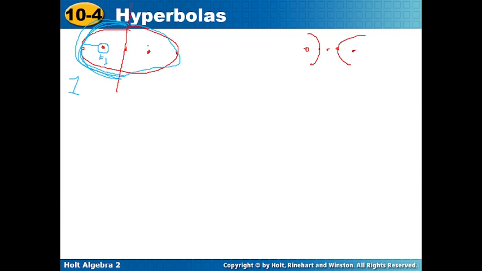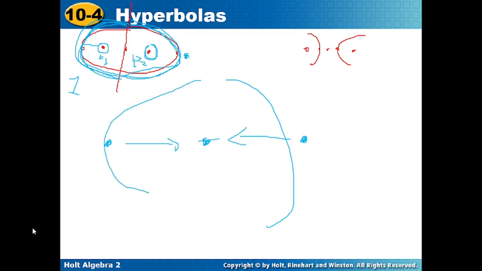The reference point, or the focus number 2, is here, then your graph will face towards the left side, correct? Because this is your vertex, right? If this is your vertex and this is your focus, of course you're going to face towards here. If this is your vertex, this is your focus, you're going to face in here, correct?